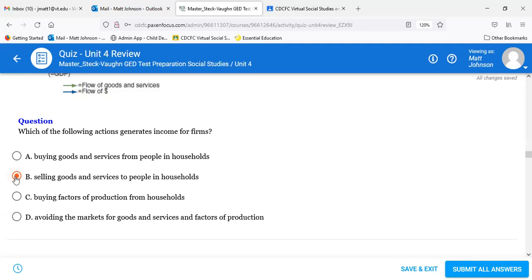By either selling goods or services, right? That's where their money comes from. And that is generated by people in a household, right? So we go out, we buy a product. I went to Target today. I got some chips. I got some deodorant. I got some chocolate, and that generated income to Target, right? Selling those goods and services to me. So 11 is B. Okay.